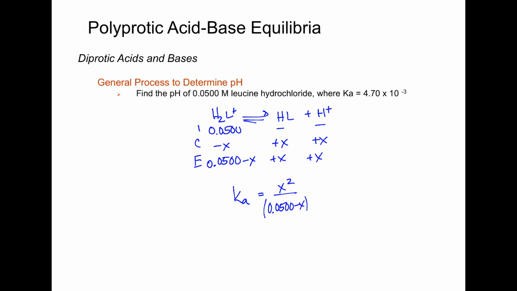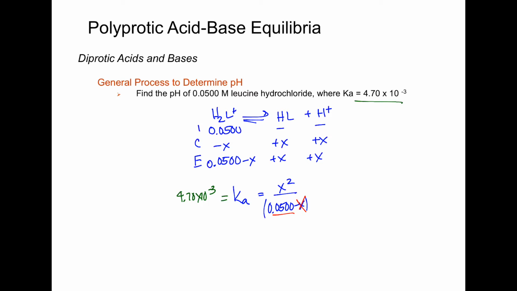All right. To solve this, we have the Ka, so we know that that's equal to 4.7 times 10 to the negative 3. But to solve this, we would have to use the quadratic unless we can say that plus x or minus x is small compared to the initial concentration.